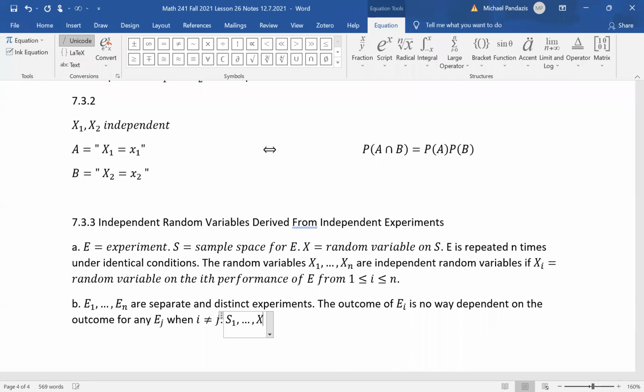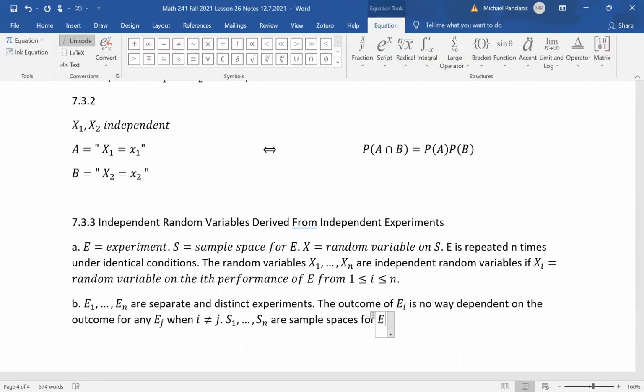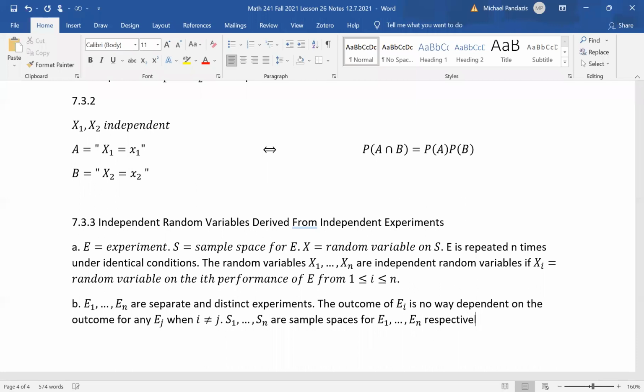And if you take S1 to Sn, these are all assumptions, and you say that they are sample spaces for E1 to En respectively.